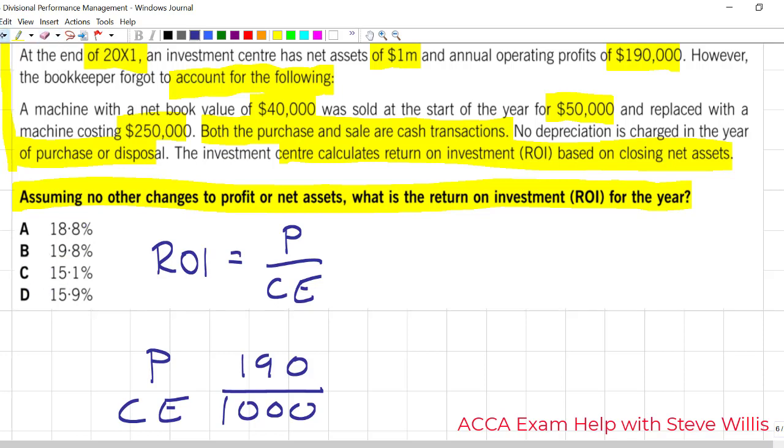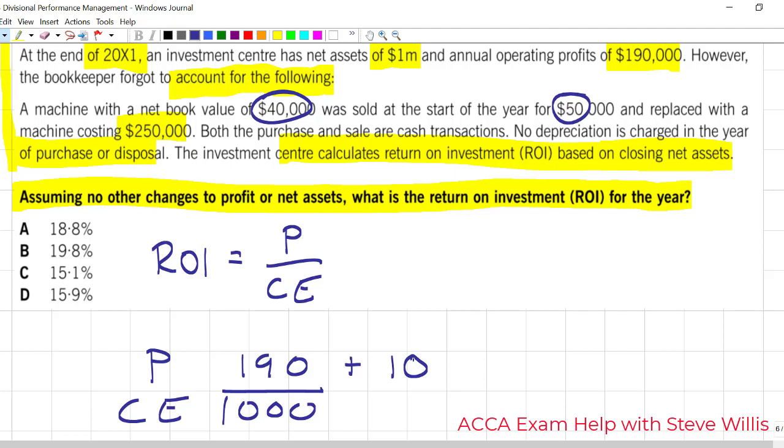Well, how much profit did we make on the sale? The net book value is 40. We sold it for 50, so we made an extra $10. So that's the profit on the sale of the asset that we forgot to book.